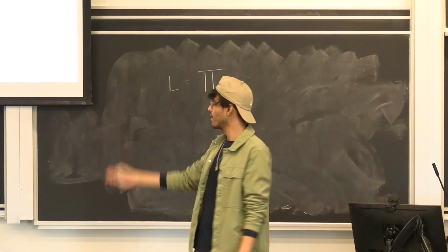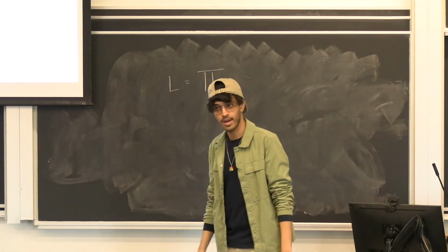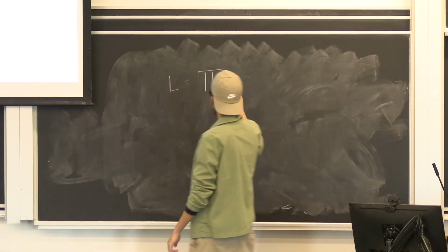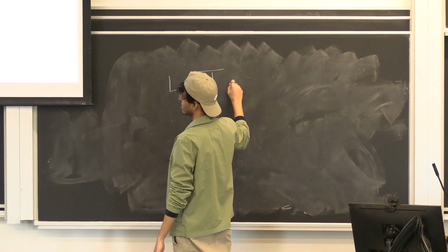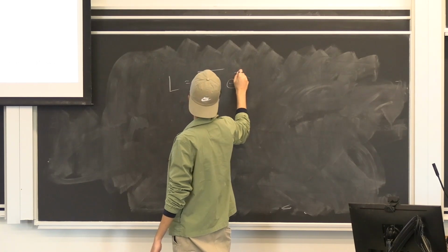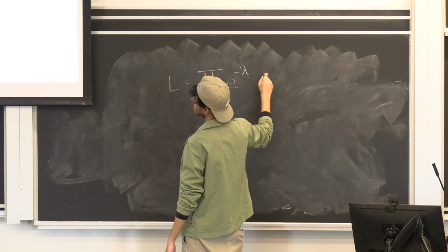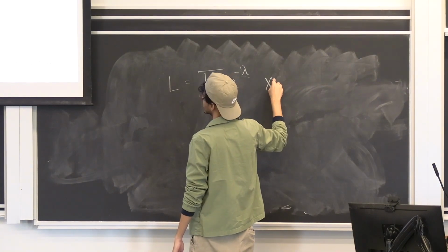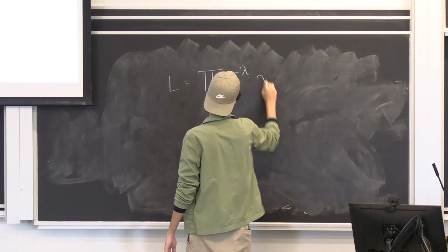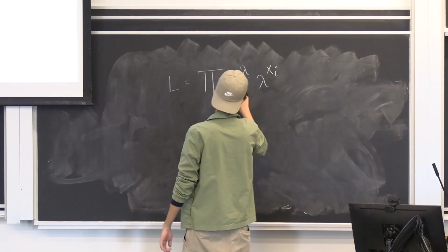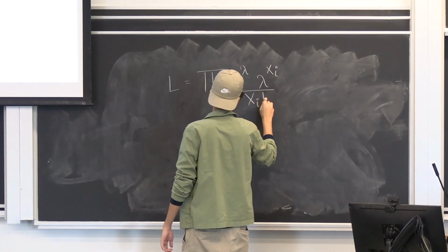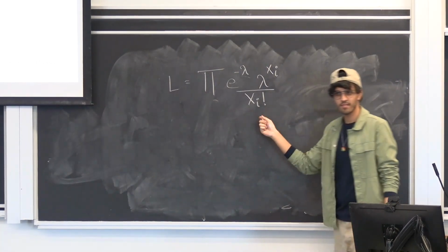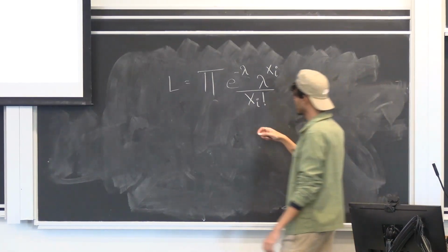And what's the PDF of Poisson for xi? It should be e to the power minus lambda, times lambda to the xi, over xi factorial. Right? This is your PDF. Good.